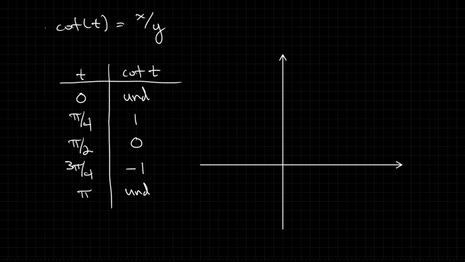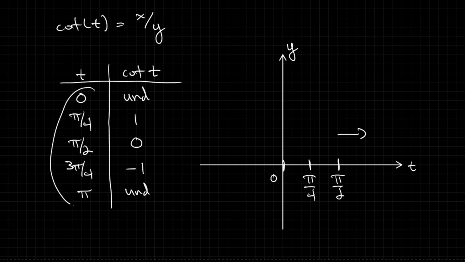According to my table, make myself some axes, t and y. Let's call this pi over 4, so that this would be pi over 2. I'm filling out pi over 4, pi over 2, and I'm going this way because look at the t values that I need.